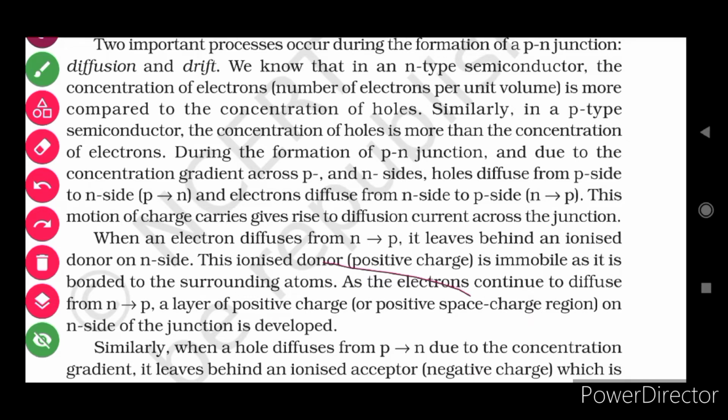In P-type, holes are greater, and in N-type, electrons are greater. Keep this in mind.